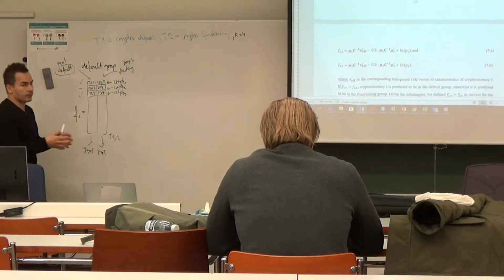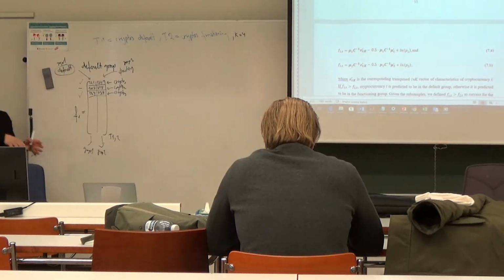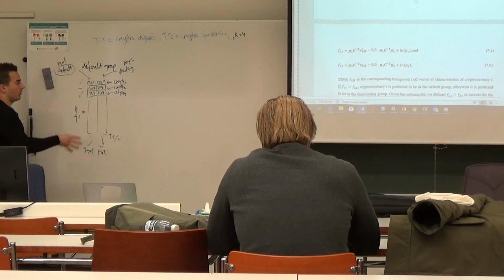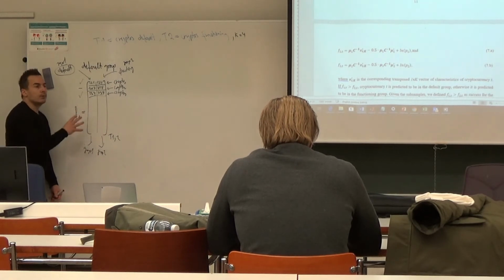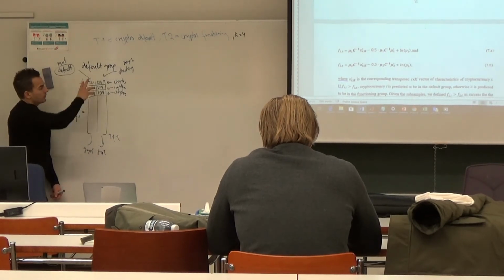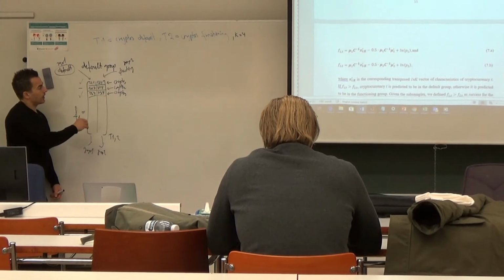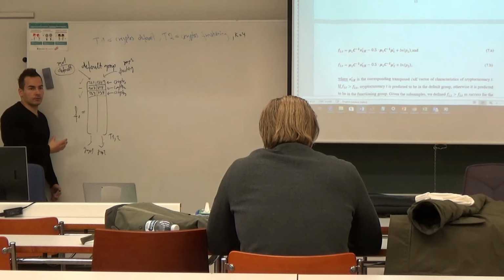We estimate this function in 2 steps, first for the default group and then for the functioning group. But we know already all the cryptocurrencies that we use here as input assets are in the default group. So we can basically read from this matrix how well our function actually performs, or how well our function predicts.